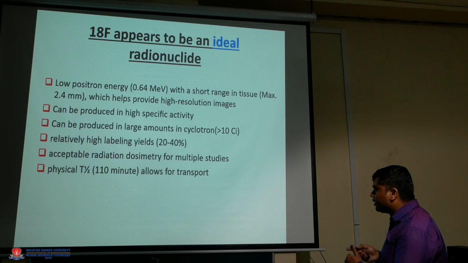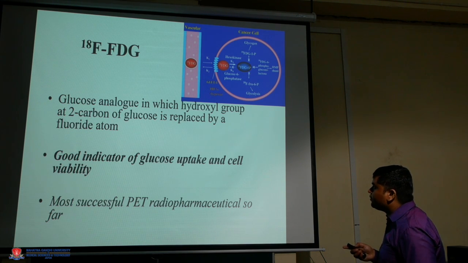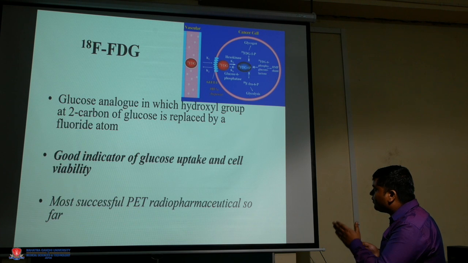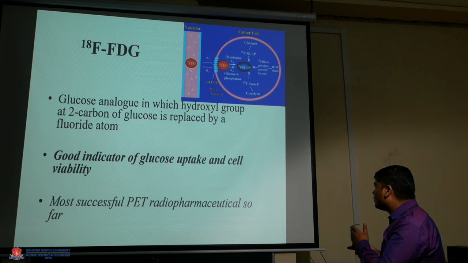F18 has ideal properties for positron emission and PET detection, and we commonly tag it as F18 FDG, which is commonly used for PET-CT images. What is FDG? It is fluoride-tagged glucose. Glucose is an energy source for the cells.